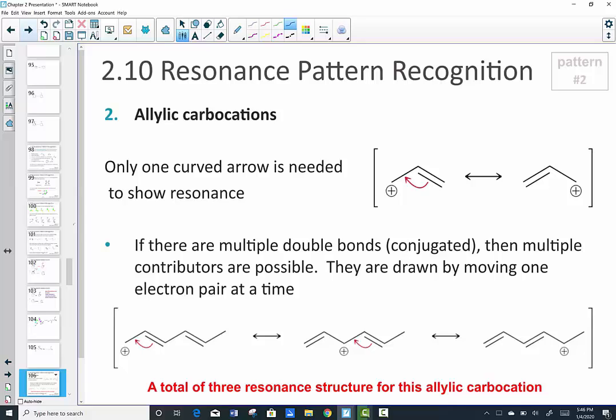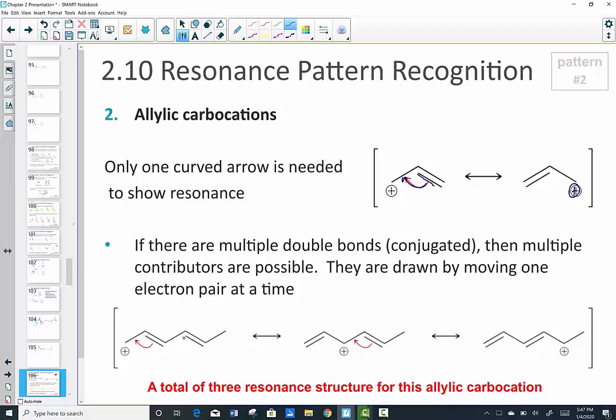Here's the second of our 5 patterns, the allylic carbocation. Only one curved arrow is needed to show resonance for the carbocation. And again, we're just moving the pi bond to the other position so that the positive charge moves to the other side of the allylic carbon. And if there are multiple bonds, which are called conjugated, then multiple contributors are possible.